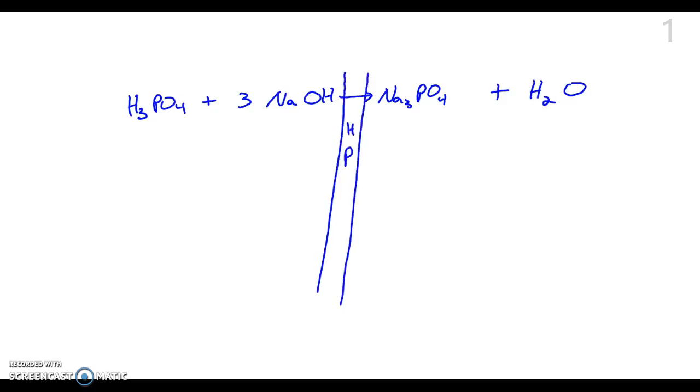Hydrogen, phosphorus, oxygen, sodium. Now the reason why we're doing this is due to the law of conservation of mass. We have to have the same amount of mass on each side. So if I have 5 hydrogens on one side, I need to have 5 hydrogens on the other side.